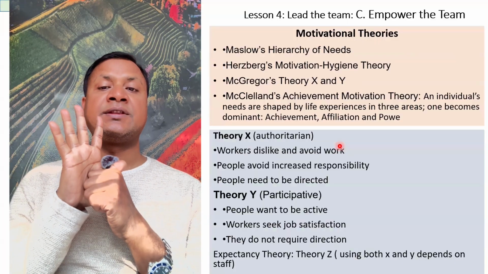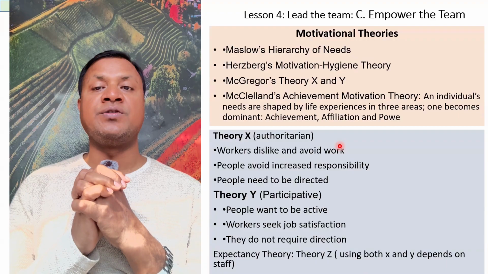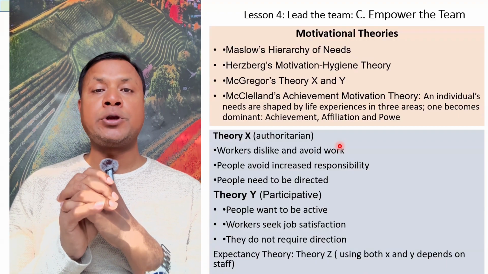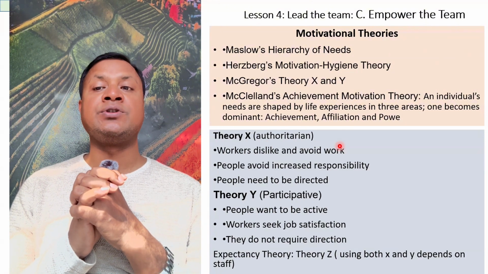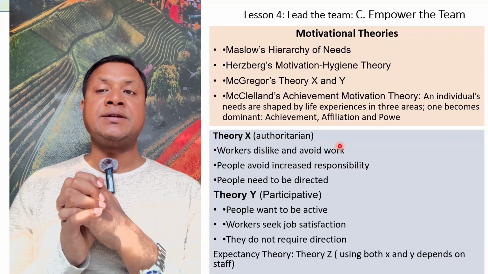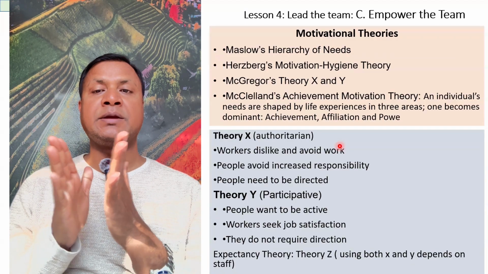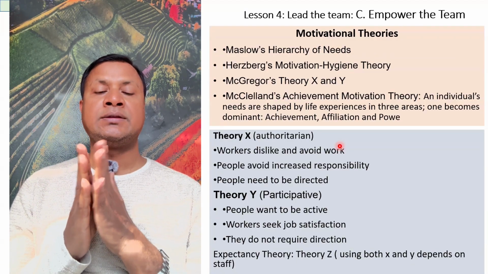So there are 5 theories for this. One is Maslow's hierarchy of needs, and another is Herzberg's motivation hygiene theory. The next one is McGregor's theory X and Y. I will discuss these 5 theories in the next video. So I will stop here. Thank you so much.